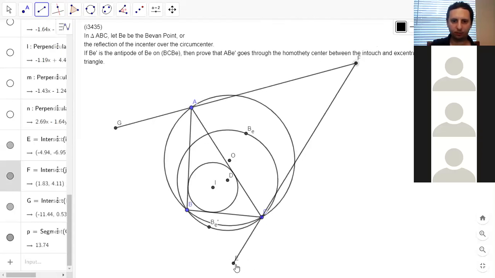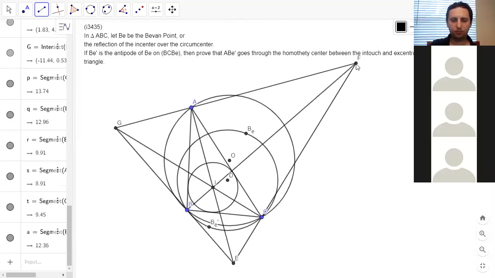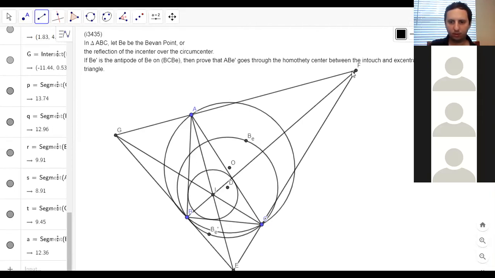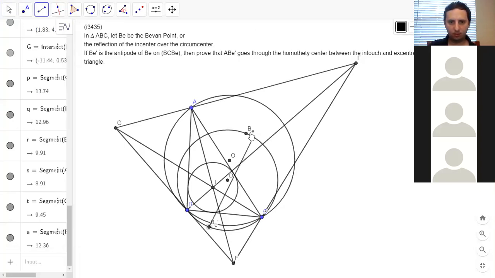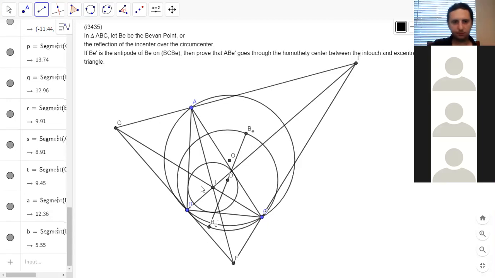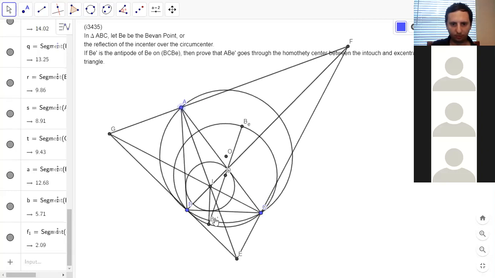And maybe it's worth drawing the excircles too, not just the triangle. All right. Seems like IBE is perpendicular to BC. Oh, IBE prime. It does look like it. So yeah, so that looks true. I'm not sure of the proof, but it looks true.